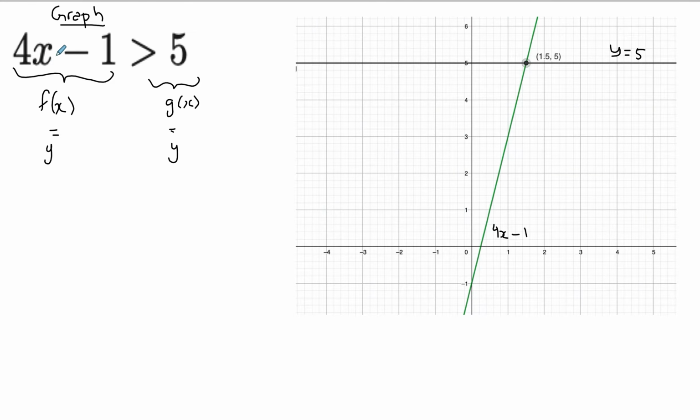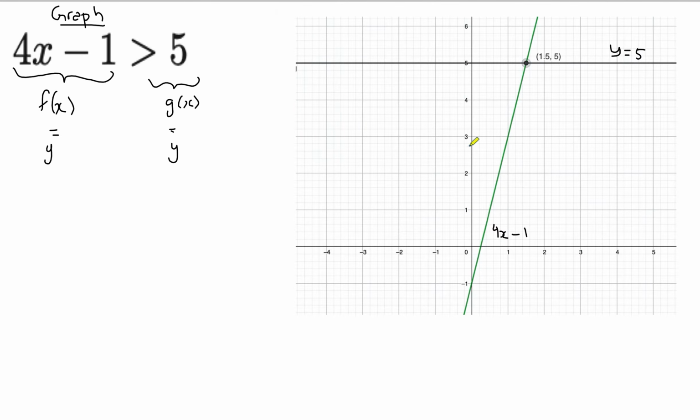So I want to know, when is the y value here of 4x minus 1 bigger than the y value here, which is 5? So for every example, you need to look at the y-axis region. When is this graph bigger? When is the y value on this side of the graph bigger than 5?